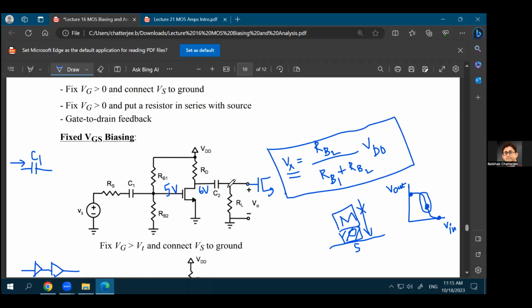So what you can do is, because you have this coupling capacitance, you can again create a biasing network at the input of the second MOSFET using the same kind of RB1 and RB2. So you have this VDD, you can connect another RB1 and RB2 over here. Let's say we do not have this RL. In that way, you can create a DC point here, which will again be 5 volt, instead of this being 6 volts or 8 volts, which if you directly provide it to the gate of the next MOSFET, it will not work.